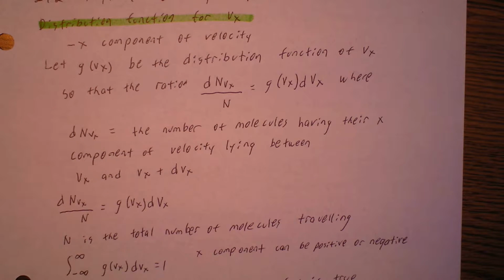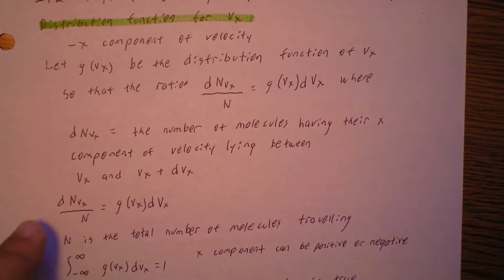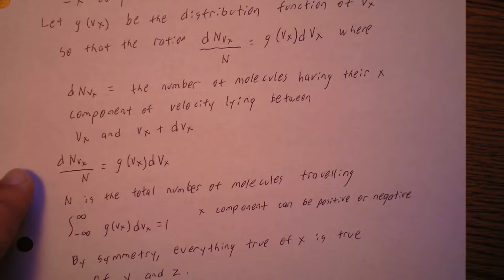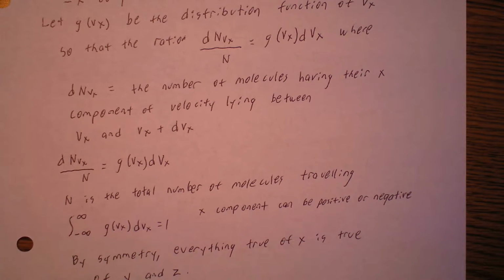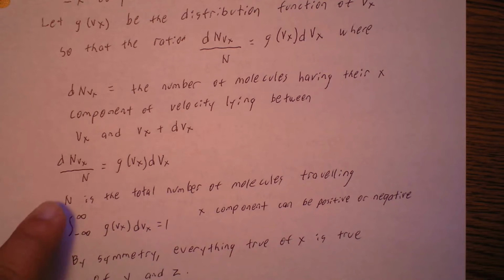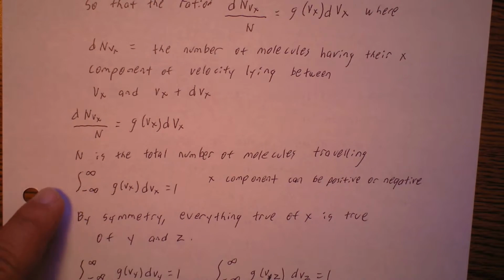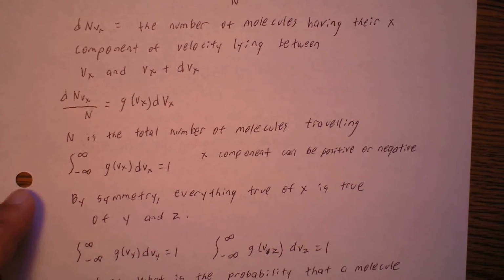Again, we're talking about infinitesimals here. We're going to be doing calculus. So dN over N equals g of vx times dvx. Now remember, N is the total number of molecules, which is all of them, of course.